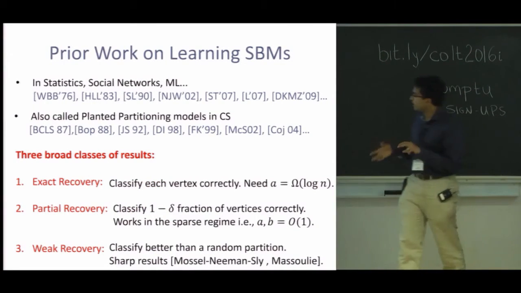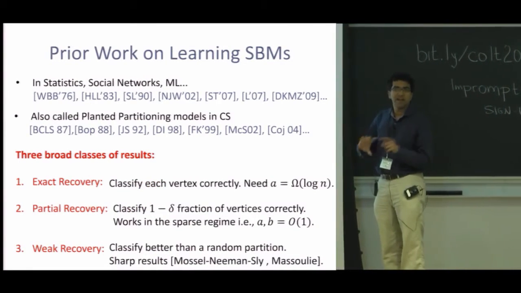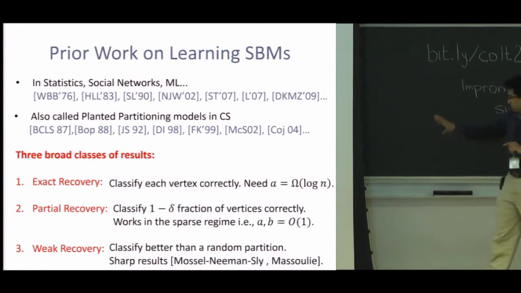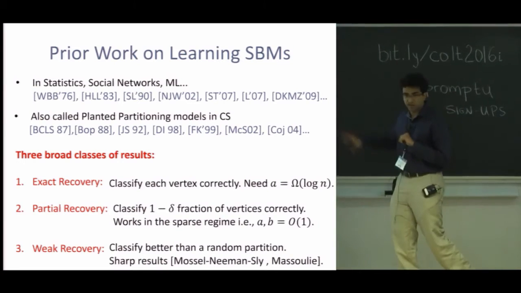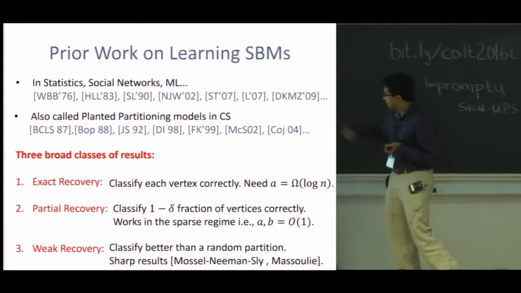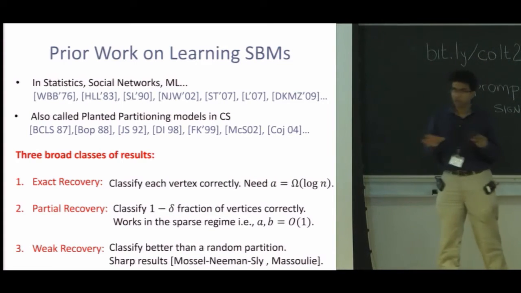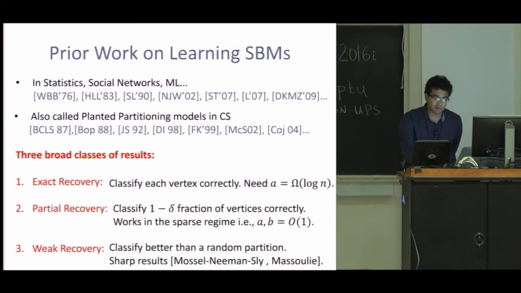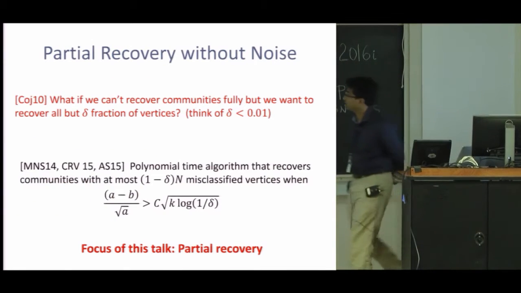The second kind is partial recovery, where you want to recover maybe 99% of all the community memberships, and the third kind of results are known as weak recovery results, where you just want to do something better than random. The partial recovery and weak recovery results also focus on the sparse regime. In this talk, we'll be mainly concentrating on the partial recovery regime.